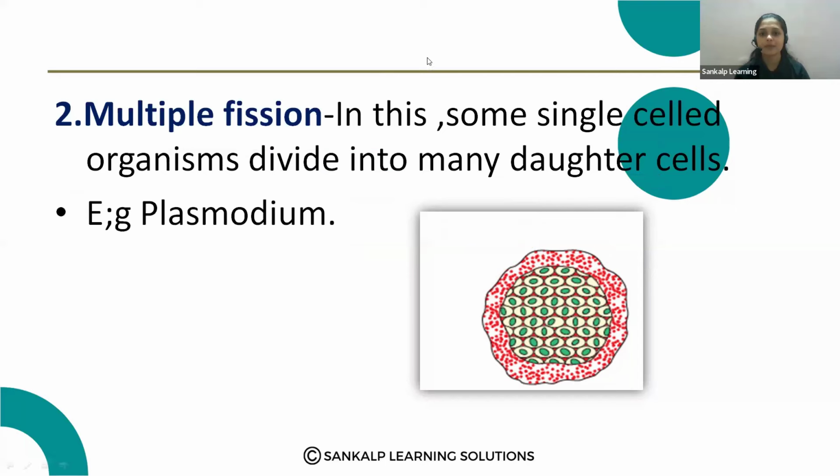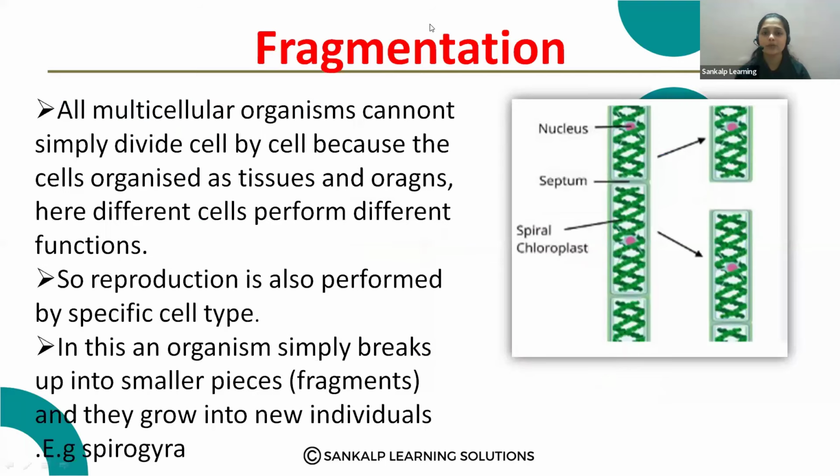Then the second type of asexual reproduction is fragmentation. So what do you mean by fragmentation? Fragmentation means the organism simply breaks up into smaller pieces.